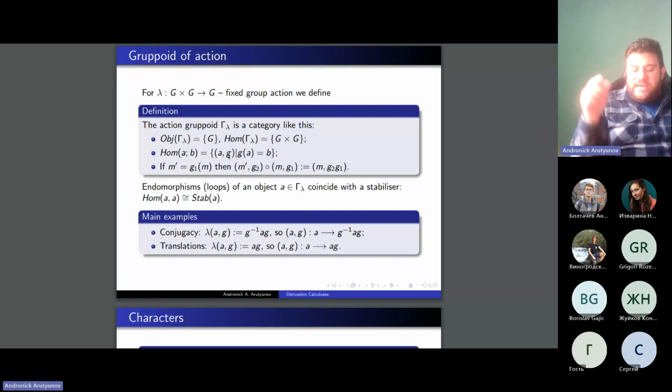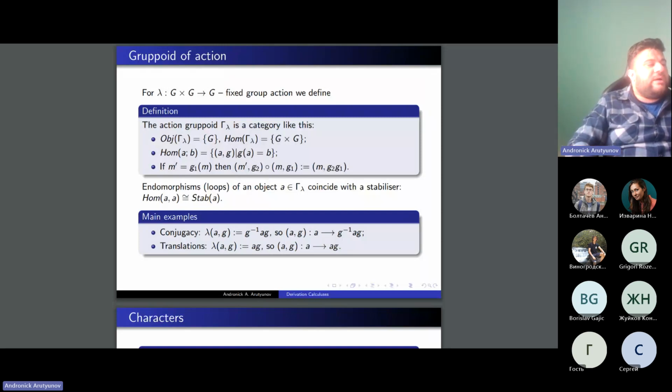If, for example, (A, g), it's an arrow from element A to element B if g(A) is equal to B. So lambda is a group action, and you have got the action of element g, which goes from A to B. So you have got an arrow which is labeled, sorry, by element g, and has a source A, and the target B is a result of the action of element g on element A.